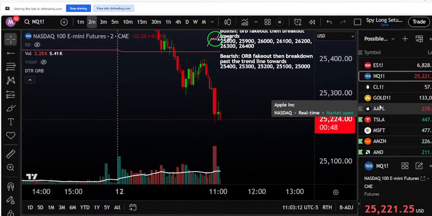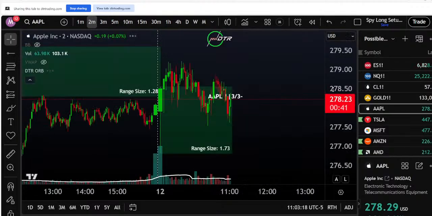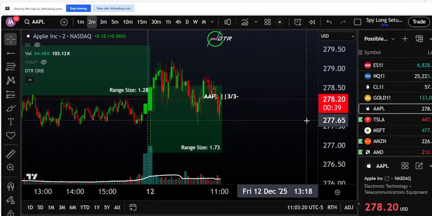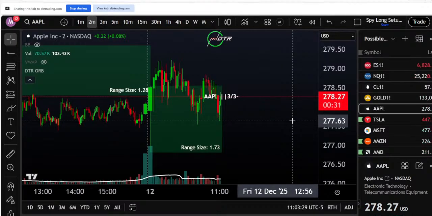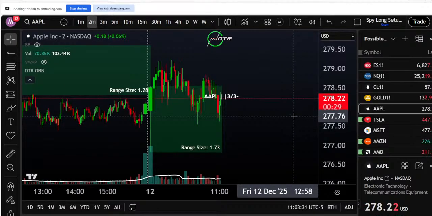My job then was to basically outperform those instructions. So if my instruction was to buy $40 million of Apple at 278 and I got 40 million at 277.60, then the difference in those 40 cents would be added to my bonus pool, and I would get a percentage of that at the end of the year.